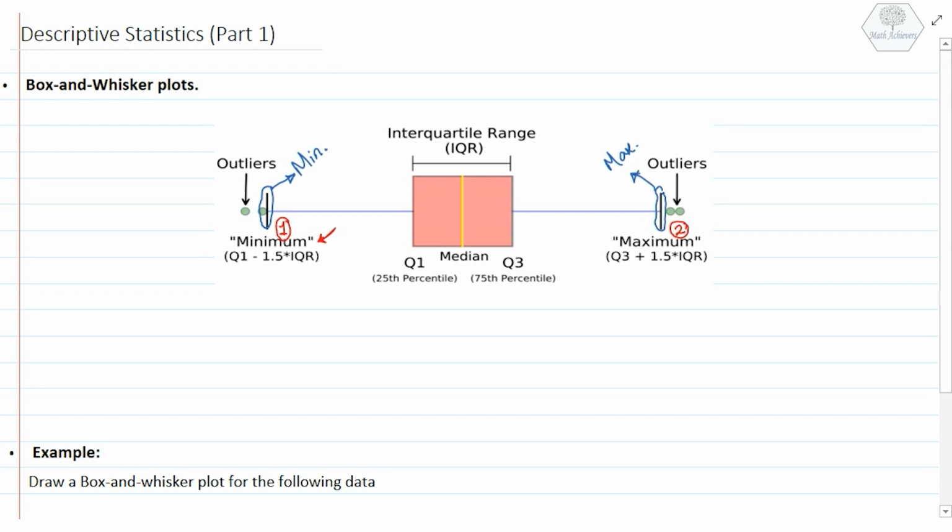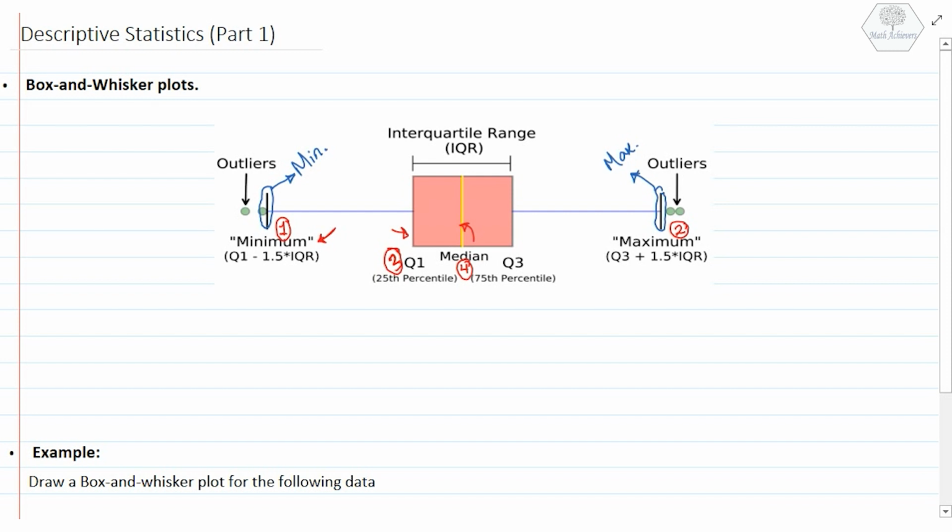The other 3 values we have to care about are, the third value is Q1, which is the lower quartile, which is this line. The fourth value is the median, which is this yellow line.